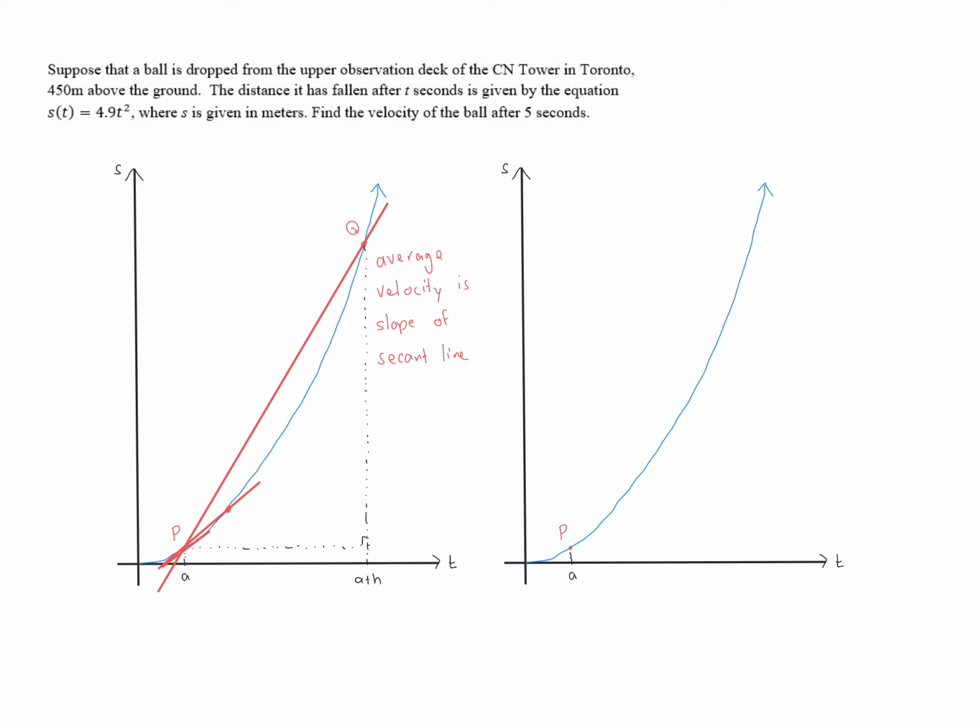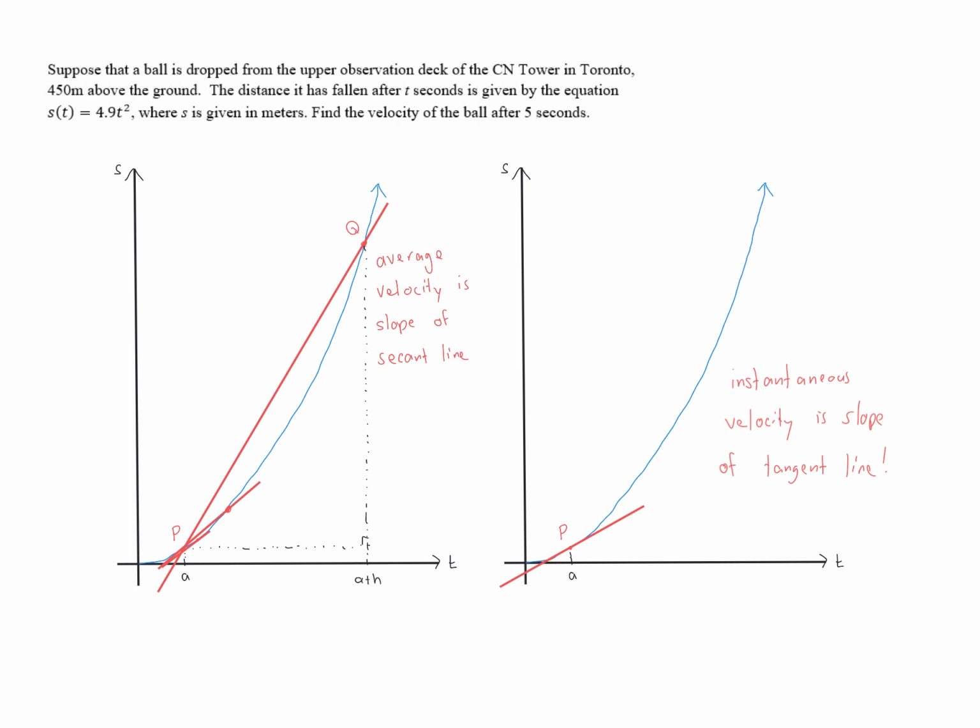And what's happening is these secant lines are getting closer and closer to the tangent line. Remember, the tangent line is a line that touches a graph at a single point. And in the end, the slope of this line is what gives us the instantaneous velocity. But we don't have a nice way of calculating that.